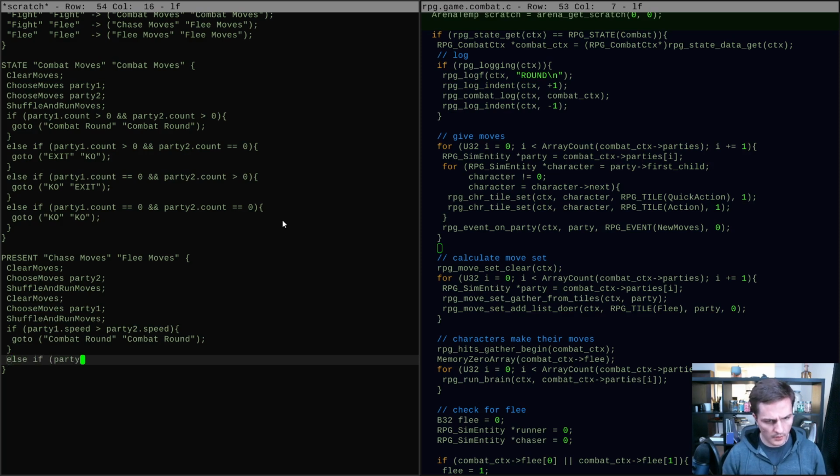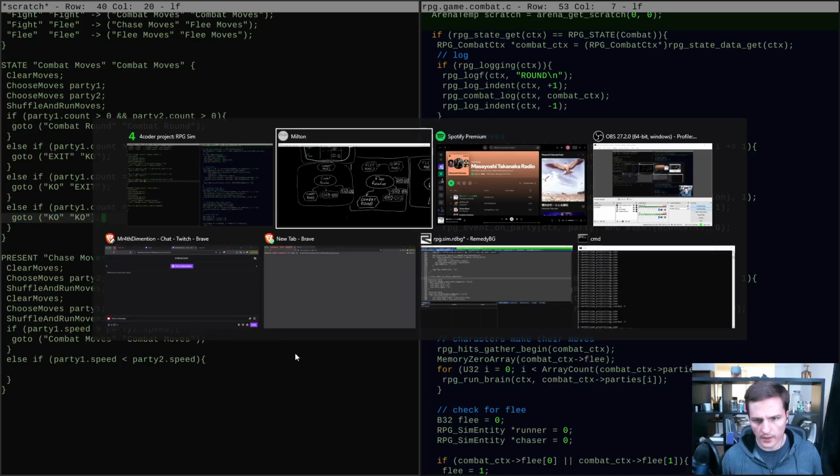If party 1.speed is less than party 2.speed, go to, well, this is actually go to combat moves now that I think about it. If they catch up, then you have to fight.